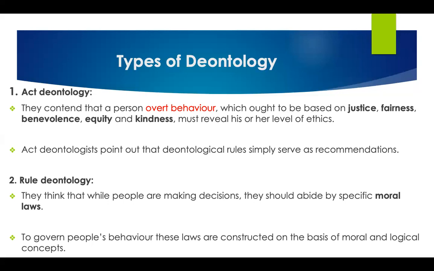The earlier one assumes that it is your act, and they believe that the rules recommending those acts will be moral, but the emphasis is on what you have actually done. And if what you have done is just, fair, and equitable, then all things being equal, the rule that governs that particular act should have reflected that type of behavior. So if the rule is not reflecting that, there is something actually wrong with the rule and not your behavior.